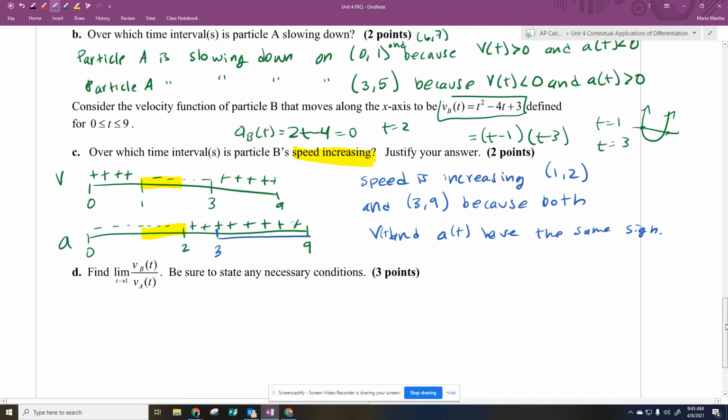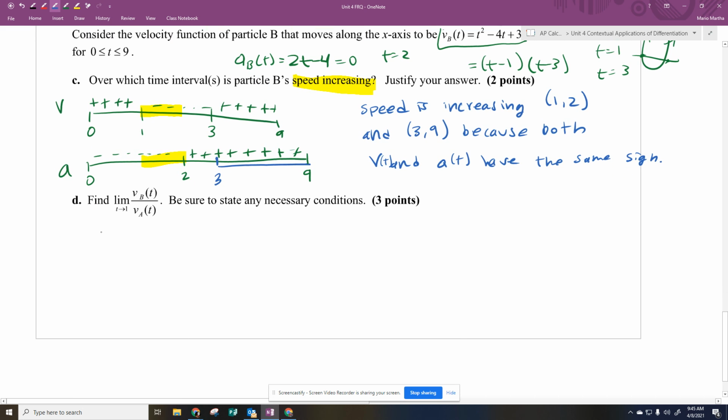All right. And then the last part says find the limit as t approaches 1. So one of the things you guys want to do here is use L'Hopital's. You want to make sure that you state this separately, it's very important. So the limit as t approaches 1 of v of t is equal to 0.